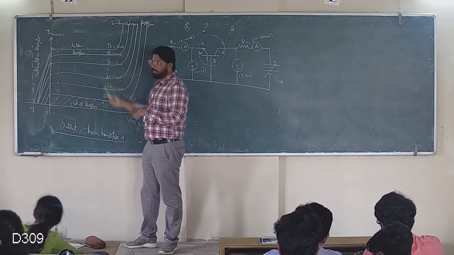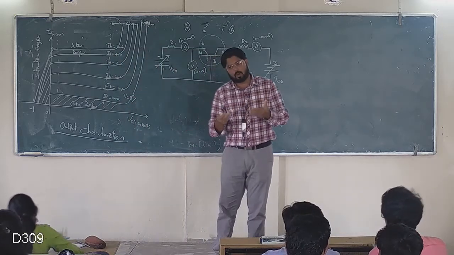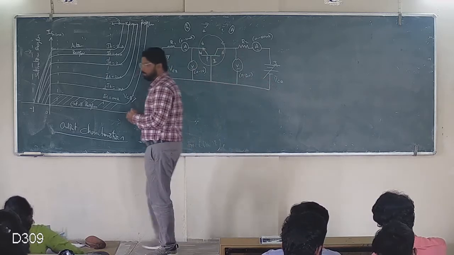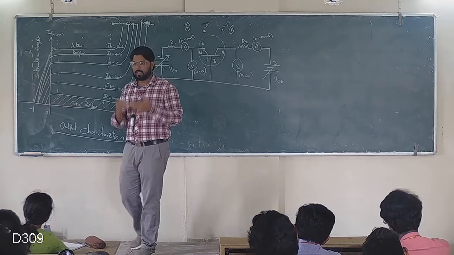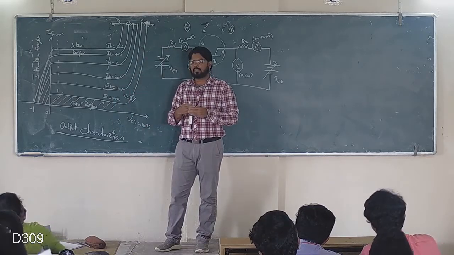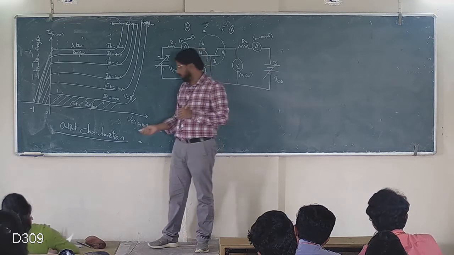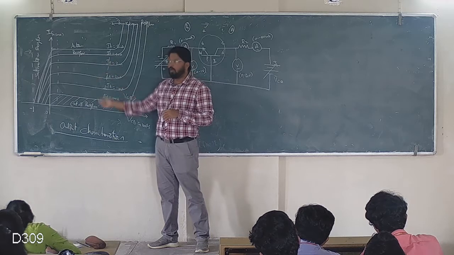What is the breakdown region? It is the region beyond the active region. Day before yesterday we made an attempt to track the VI characteristics of the common base configuration. There we saw that even when I kept increasing the voltage 1, 2, 3, 4, 5, the current was almost constant.